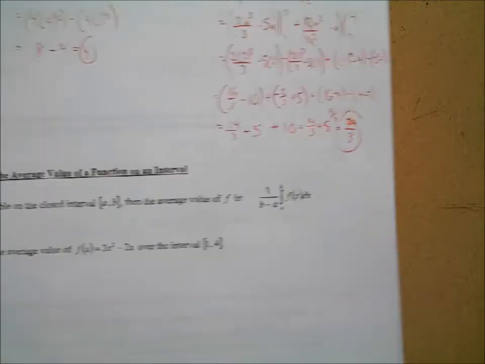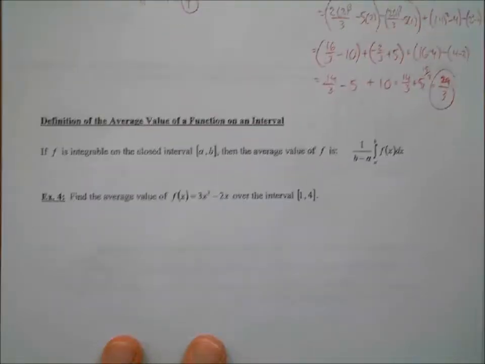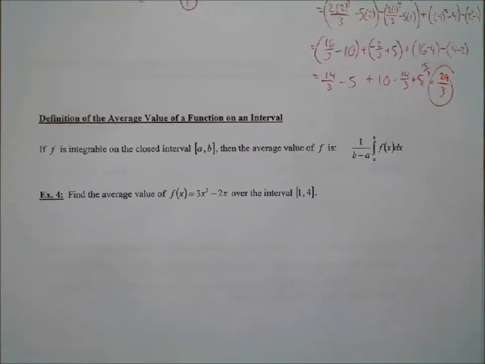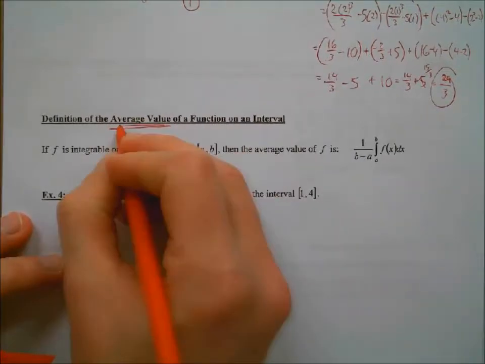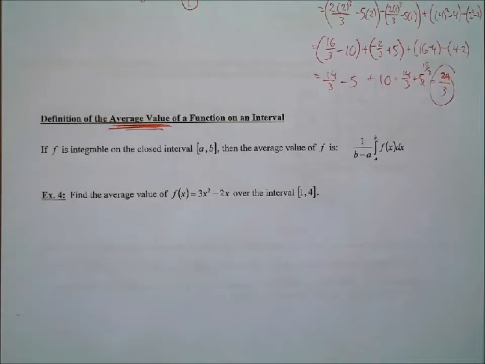All right, so now let's add on another additional concept to our fundamental theorem. So we are going to talk about the average value of a function on an interval. All right, average value. We've already talked about an average something before, but we know how to find the average what?